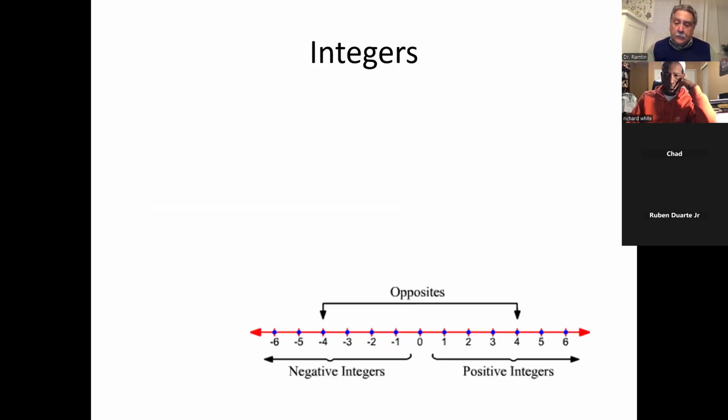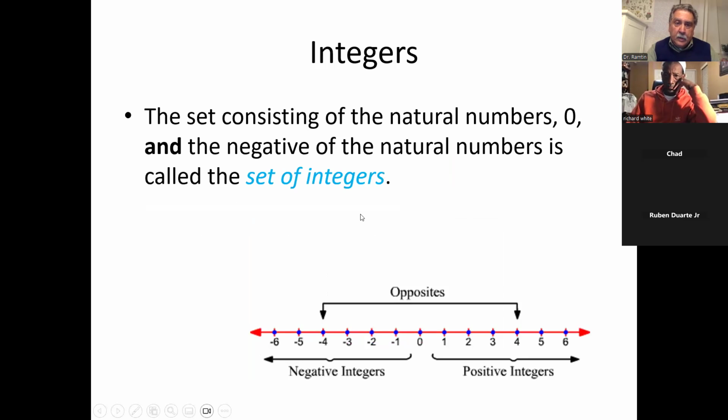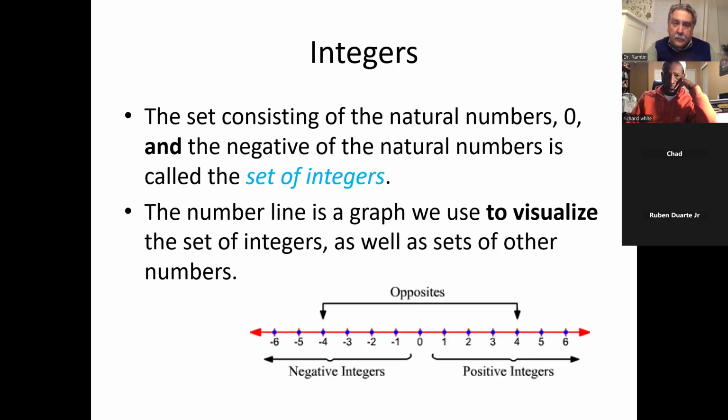When we talk about integers, think about the number line. You have 0 as the beginning, and all the numbers to the right of 0 are positive, to the left of 0 are negative.